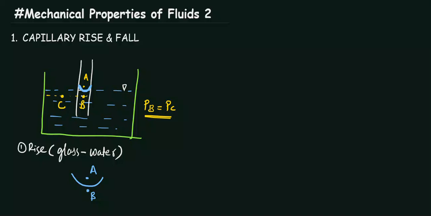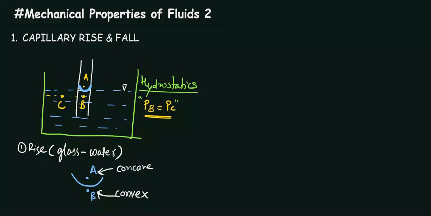According to hydrostatics, this must be true. But if you see here, this is the concave side and this is the convex side. It is very easy to differentiate between the two, so don't overthink it.